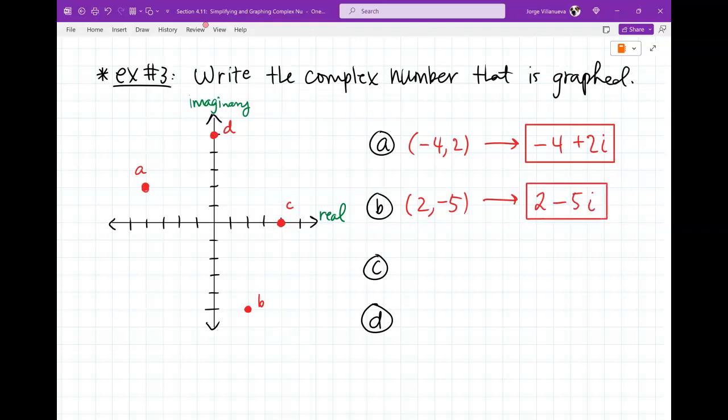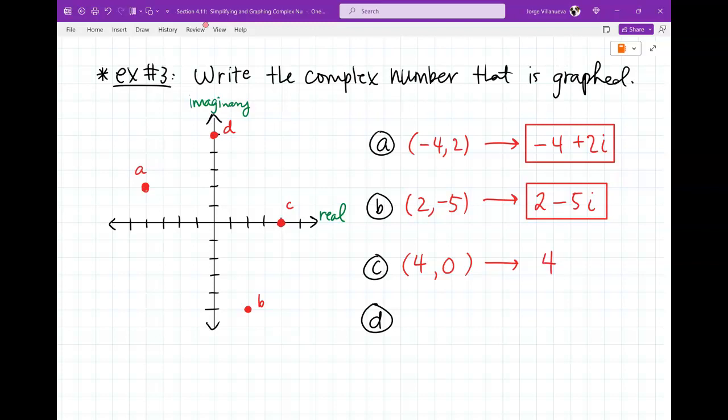All right. Now for some that are a little tricky. Not terrible, but what's the point for part C? 4, 0. So if I translate that into a complex number, what is it? Just 4.